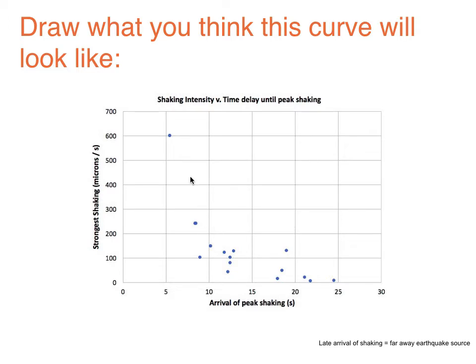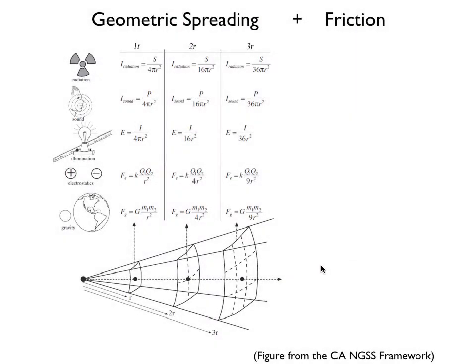Well, this pattern here should start looking familiar. This is what we see as an effect of geometric spreading. We saw this when we were looking at radiation. We saw it when we were looking at electrostatics and Coulomb's law, Newton's law of gravitation. All of these have a 1 over r squared term in them, and the same is true for seismic waves and for sound.